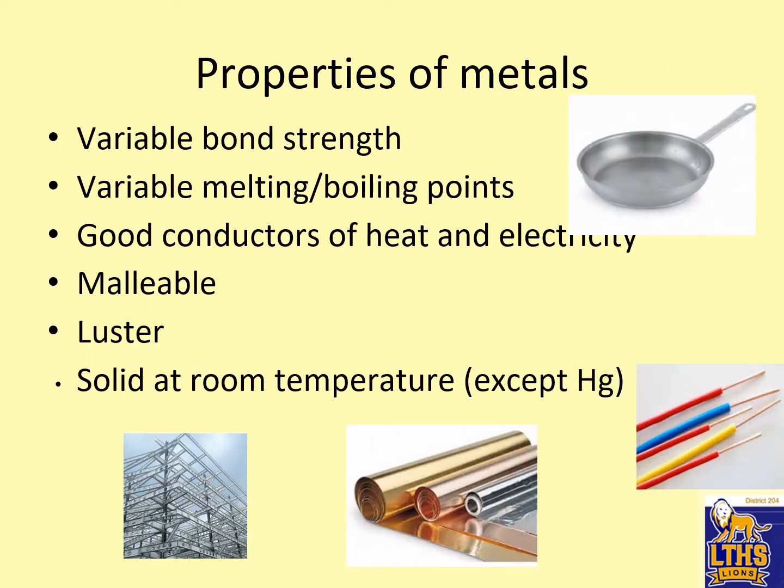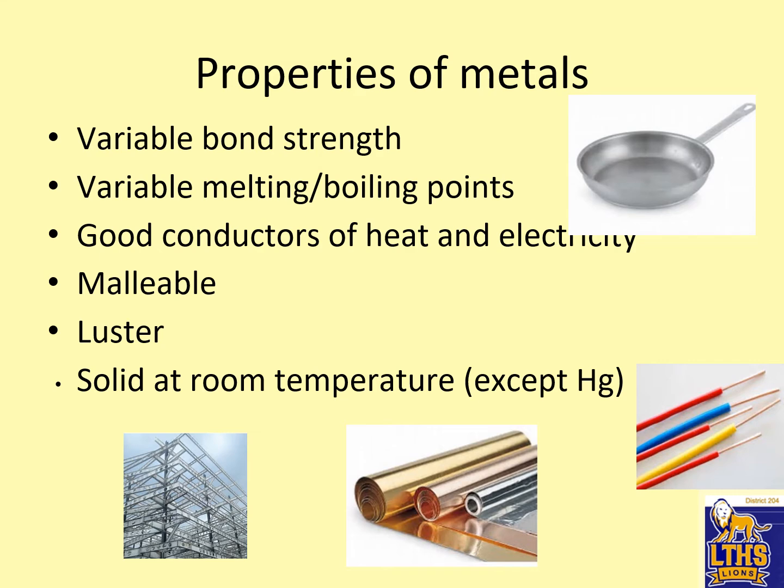Okay, so what kind of properties do these metals have because of this type of bonding? They have variable bond strength, which means they could have high and or low melting points, but generally higher than some other things. So maybe lower than some ionic compounds, or maybe some are higher.